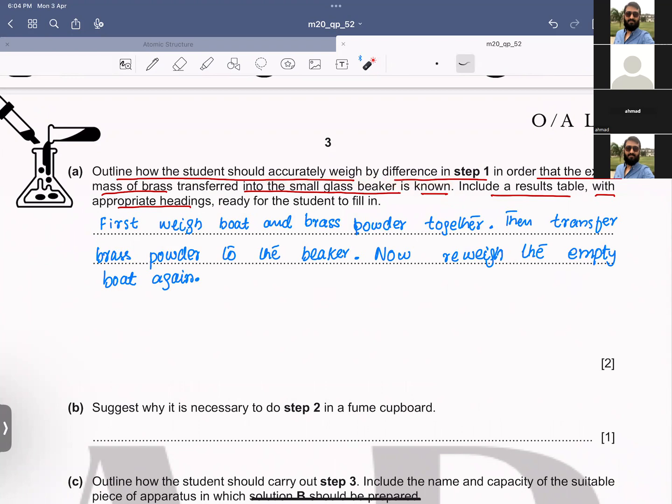Now in the next part, what they are asking as well is to include a result table. Okay, so the result table would be like this.